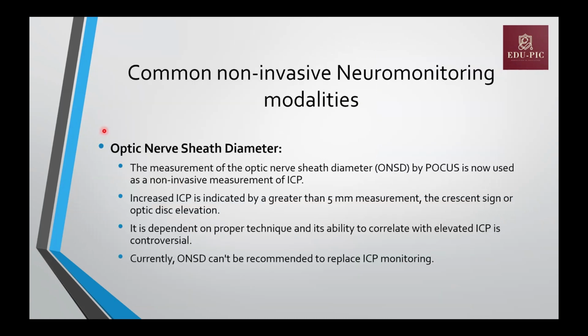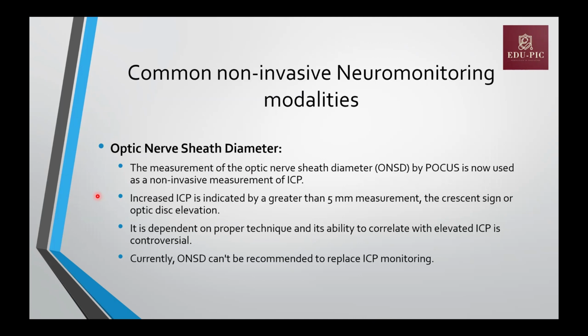Next, we have something that is also coming into fashion now, which is called optic nerve sheath diameter readings using ultrasound. One of the ways that you would be assessing for increased intracranial pressure is looking at your optic disc, right? So you look with your lens through the patient's eye and try to look at the optic disc, which is really hard.